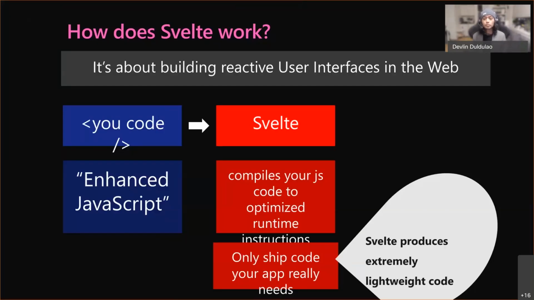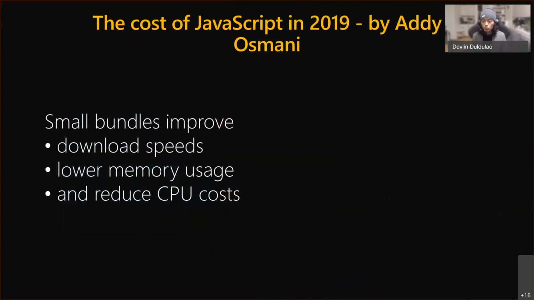So yes, Svelte can produce extremely lightweight code, but why should you care? You should care because it can be extremely fast. It uses very little memory. It can be used on embedded devices, which you'll see in a bit. In Addy Osmani's presentation, he talks about keeping your JavaScript bundles small, especially for mobile devices.